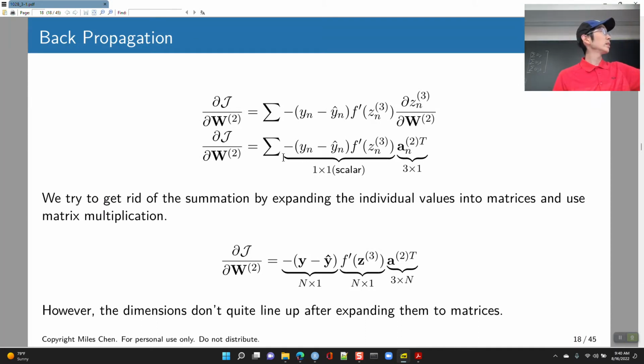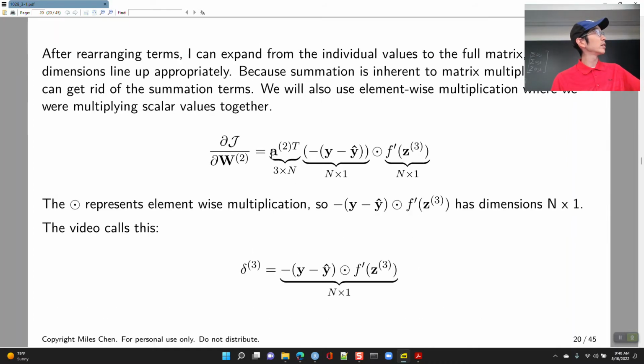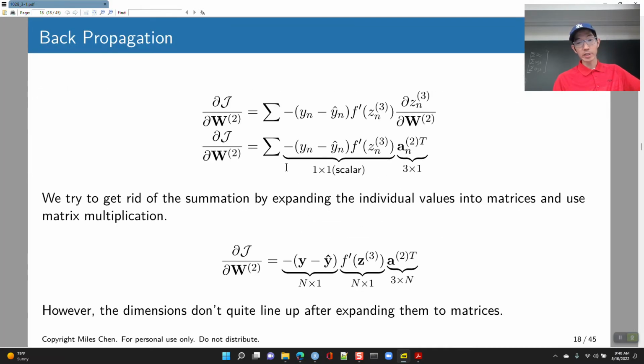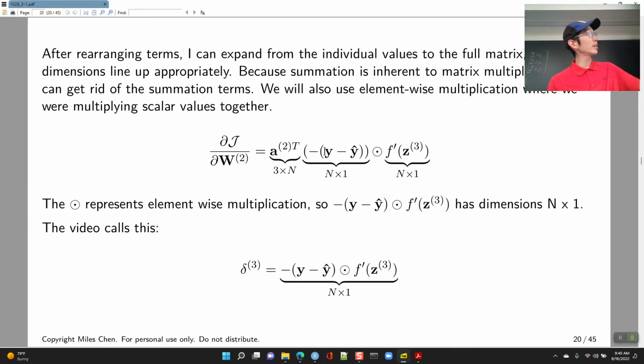But I can take advantage of matrix multiplication and say these values are going to be exactly the same if, instead of looking at just the nth value in A, I can take a look at the entire A matrix, and when I do matrix multiplication, it's going to basically do that summation operation.